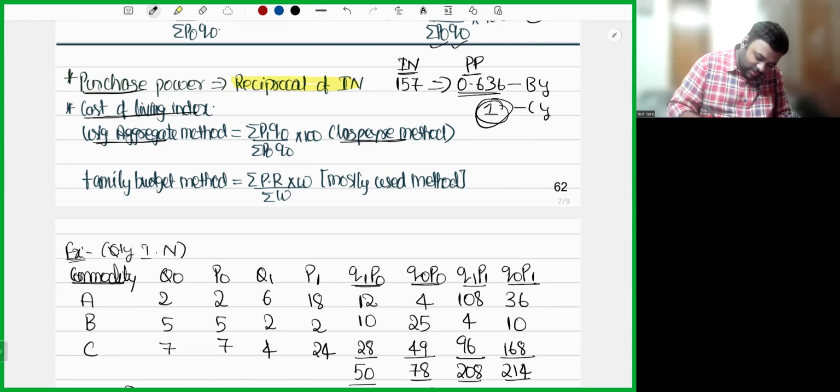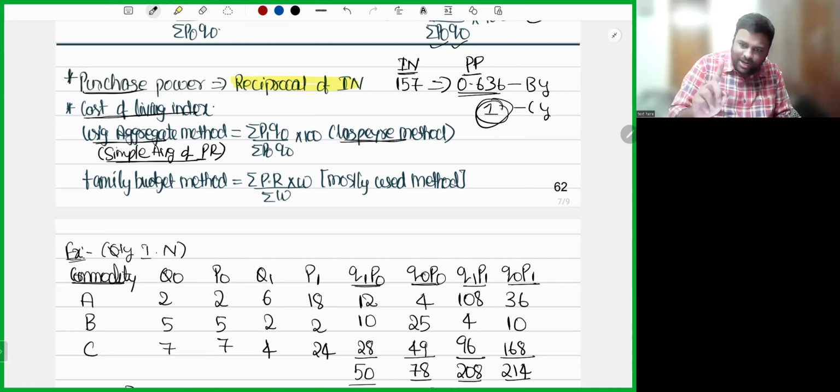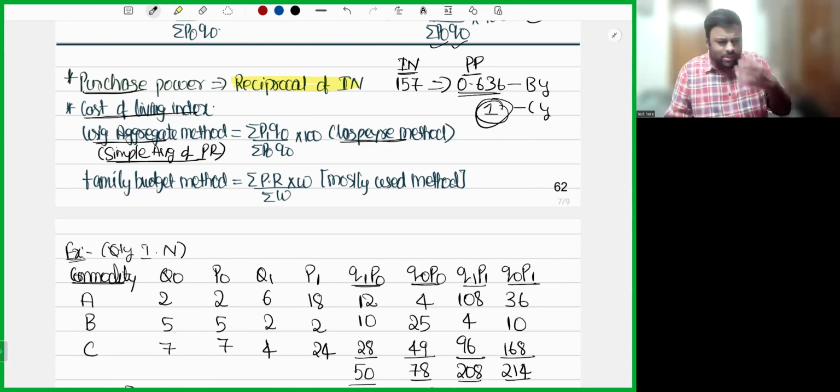One more thing: simple average of price relatives also gives you the same answer. Laspeyres index number, cost of living index, simple aggregate price, simple average of price relatives, all these will give you the same answer. It asks you an MCQ: cost of living index is also called Laspeyres index.